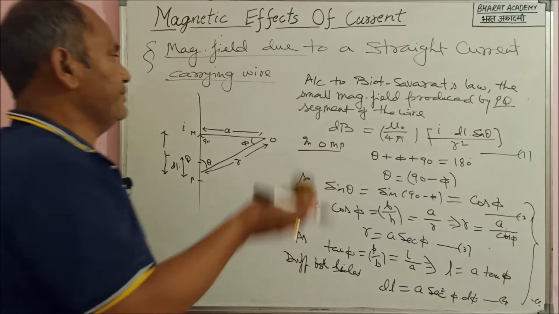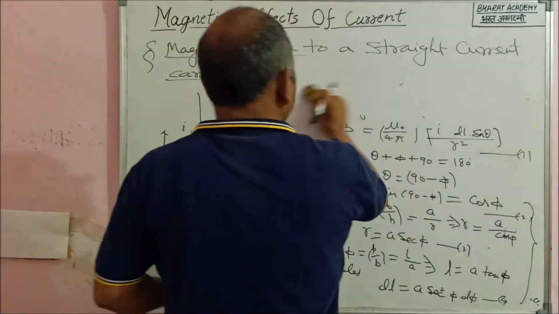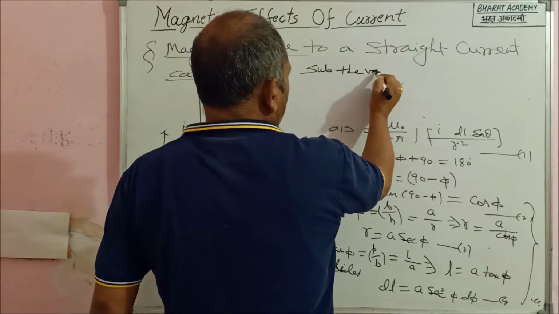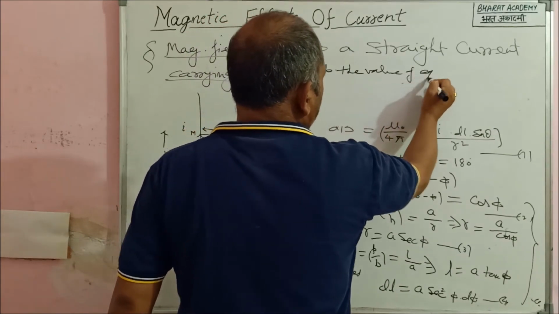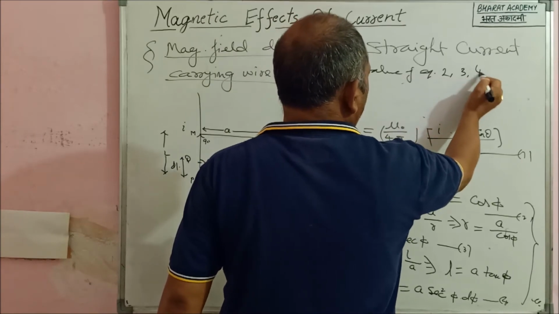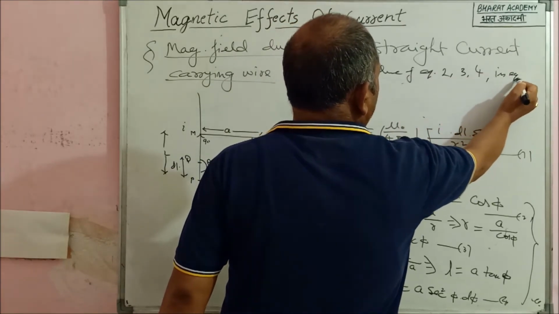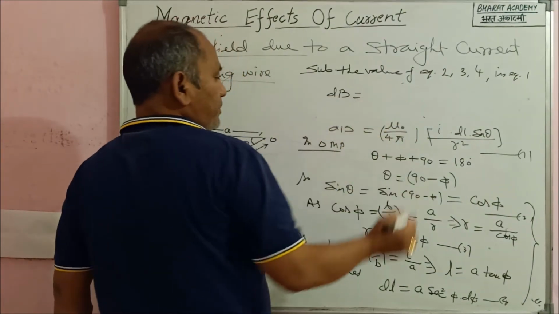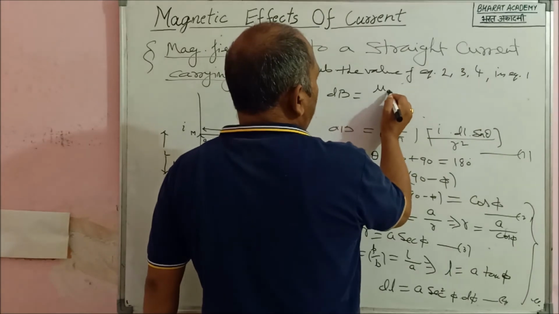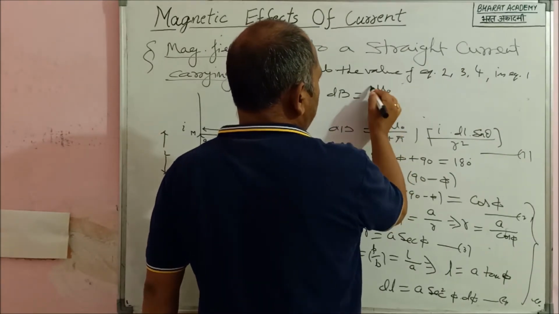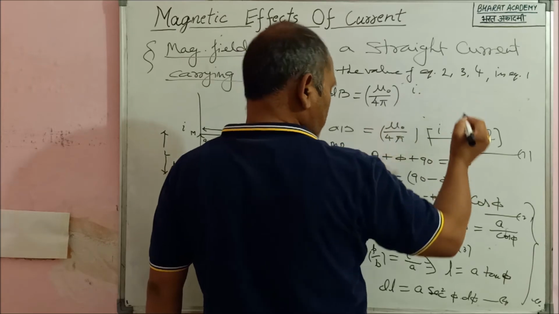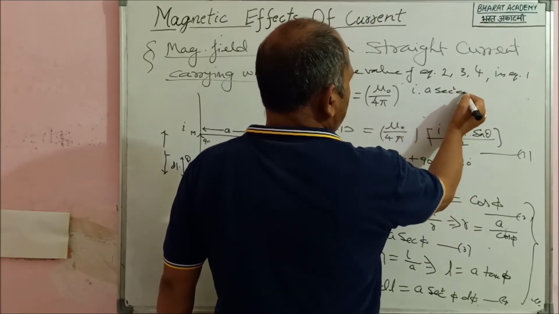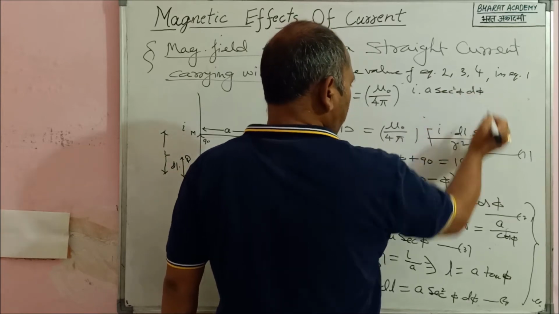Substituting the values of equations 2, 3 and 4 in equation 1, what we will get? dB equal to mu 0 by 4 pi I. In place of dl, A sec square phi d phi.